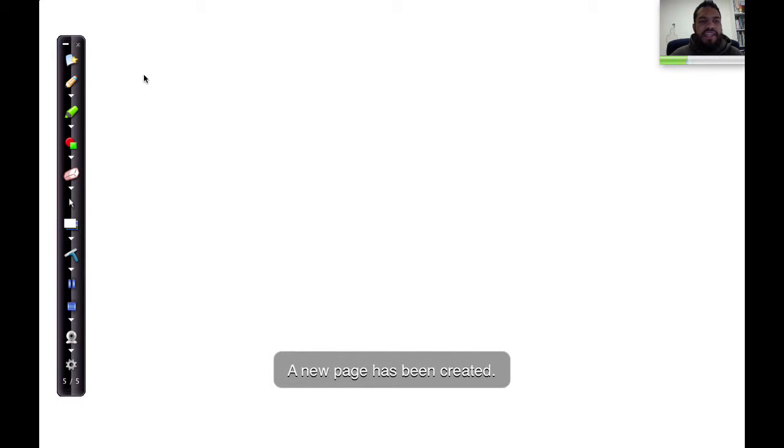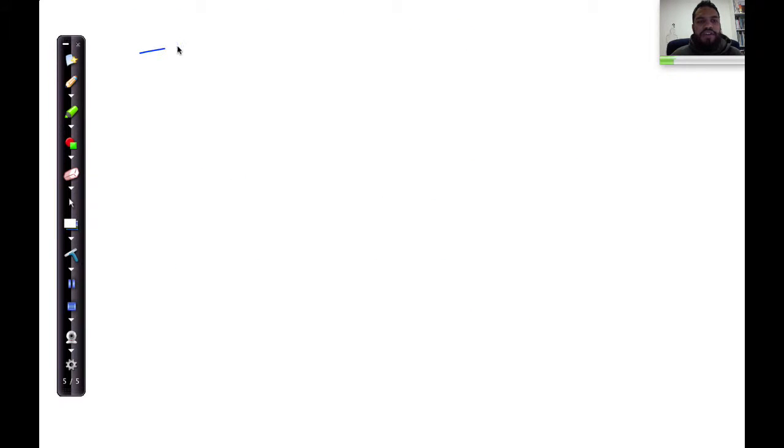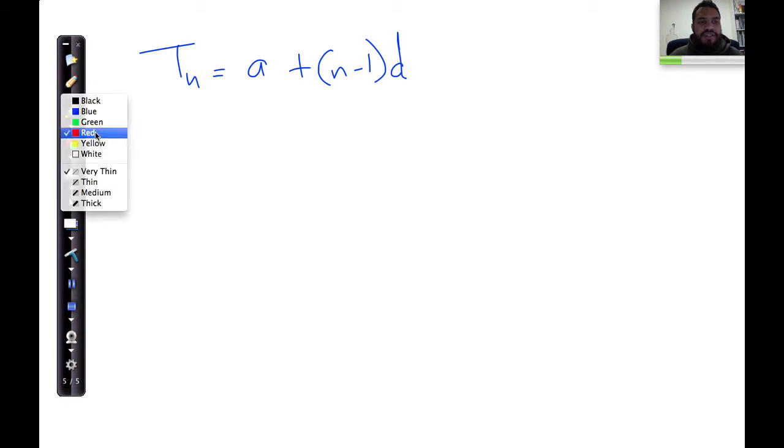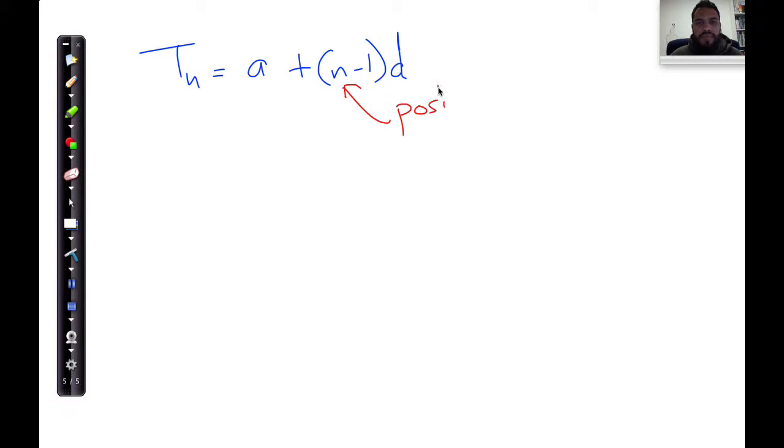Well, firstly I need to tell you about Tn. Tn is going to be the general formula of A plus n minus 1 multiplied by D, right? And you already know the terminology referred to as n and Tn. N refers to the term position, while Tn refers to the term value.